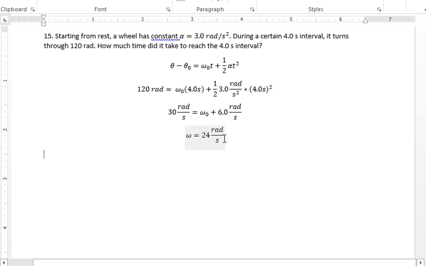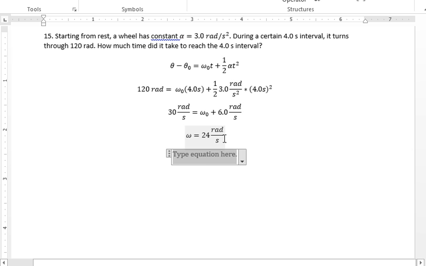Okay, how much time did it take to reach the 4-second interval? Now we back up to the very beginning of the problem, and we have omega equals alpha t.